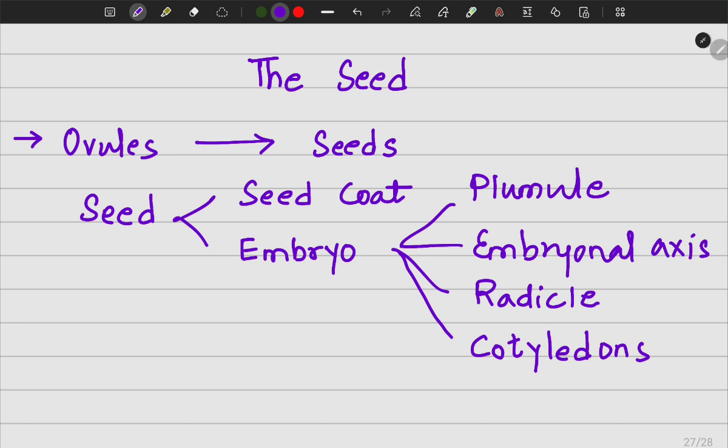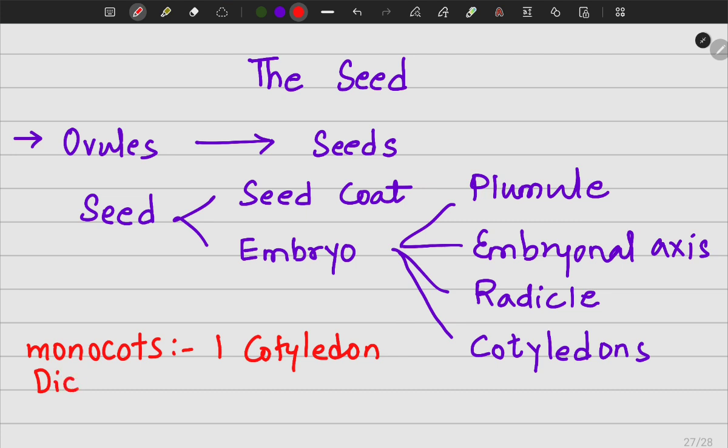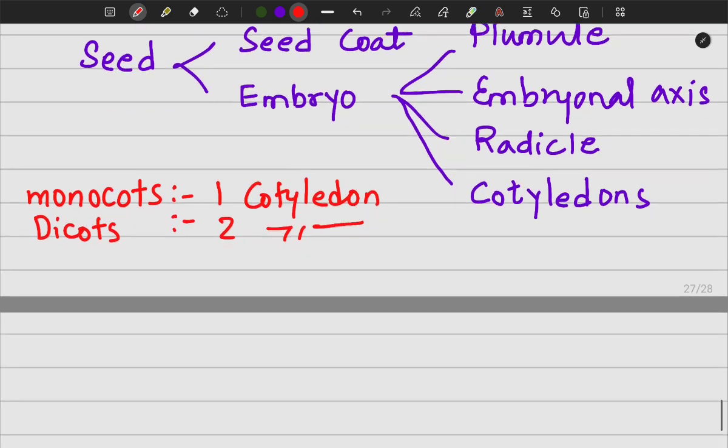In monocots, only one cotyledon will be there in the embryo, while dicots will have two cotyledons. So we will study about the monocotyledonous and dicotyledonous seed along with their structure and examples. Alright, so let us start with the structure of a dicot seed.